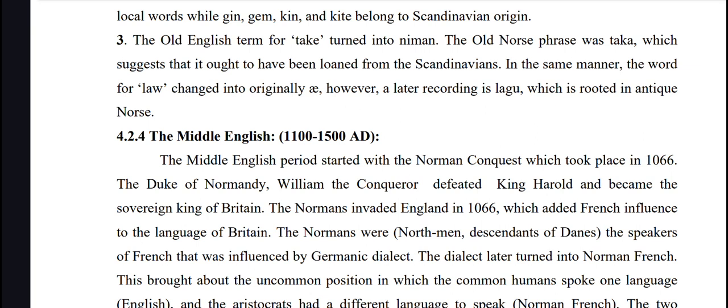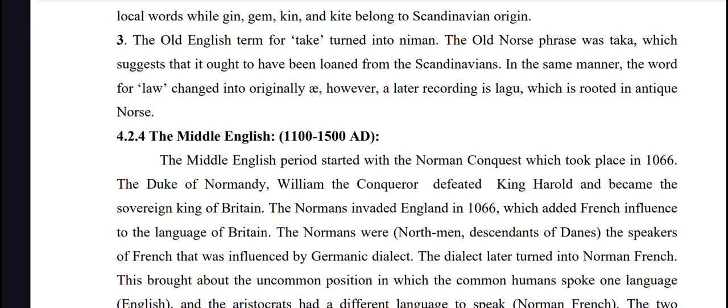The Duke of Normandy, William the Conqueror, defeated Harold and became the sovereign king of Britain. The Normans invaded England in 1066, which added French influence to the language of Britain.